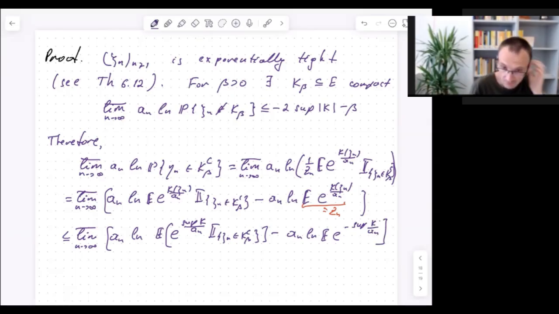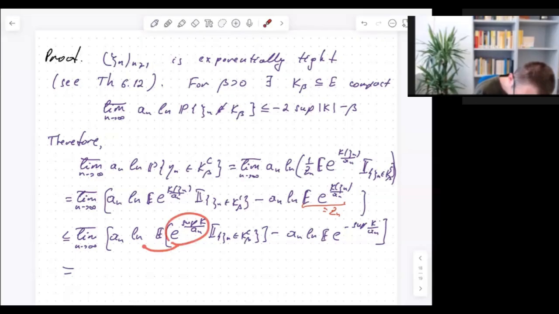And then, of course, using the fact that this exponent you can move outside, you have the logarithm of the expectation of the indicator. It is the logarithm of that probability, but this logarithm of the probability you can estimate from below. Therefore, you have minus 2 supremum k minus beta. And here you see that it is the logarithm of a product.